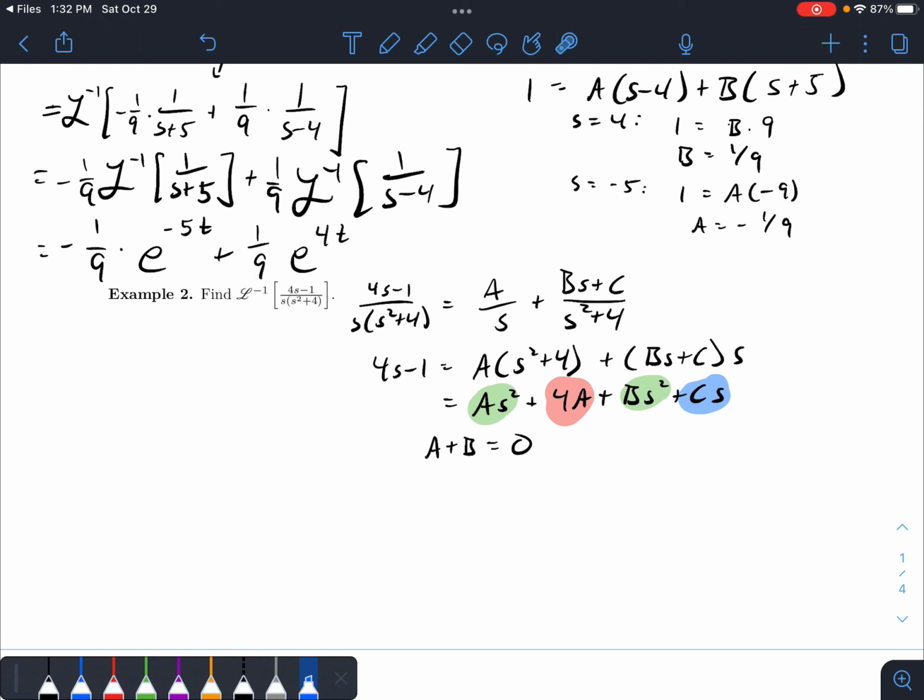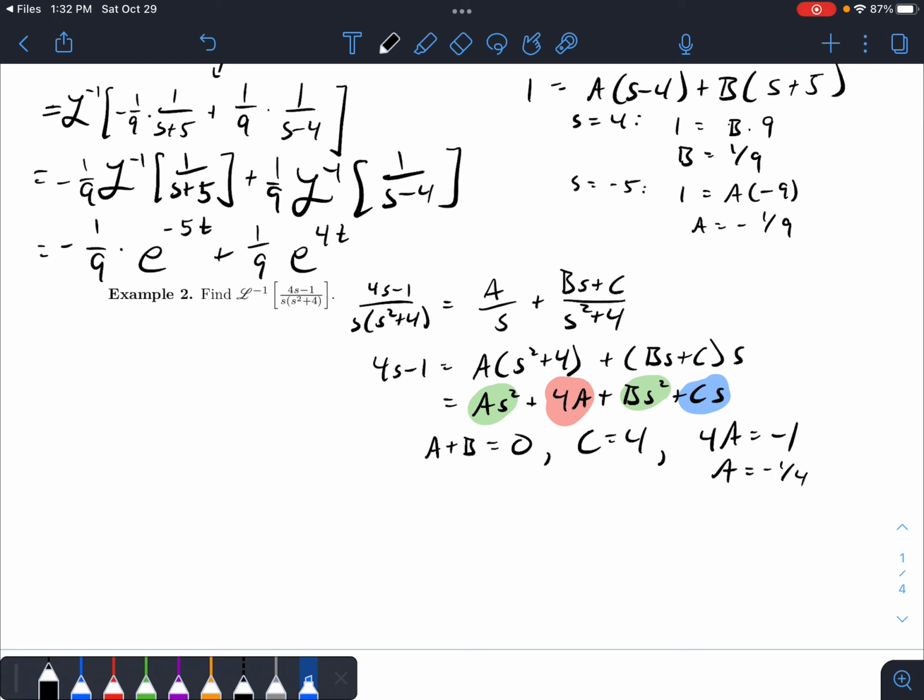My terms attached to the s squared have to sum to 0 because there is 0 s squared on this side. So a plus b is equal to 0. c times s is equal to 4 times s, and so c is equal to 4. That's just free. And then 4a is equal to negative 1.